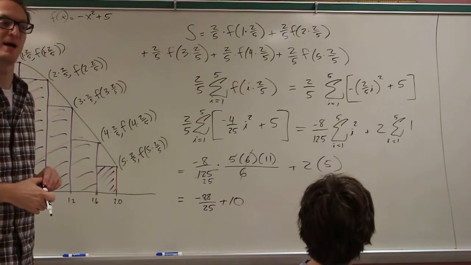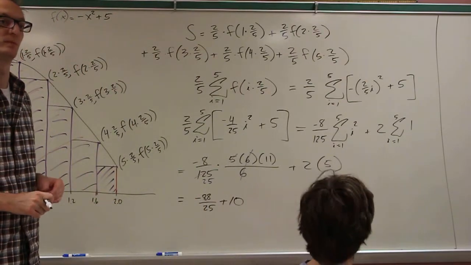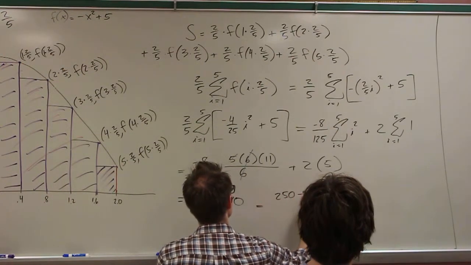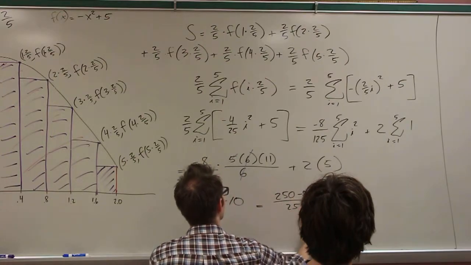So I got that. What you got? Okay, that's good. So what is that? It's like 250 minus 88 over 25.